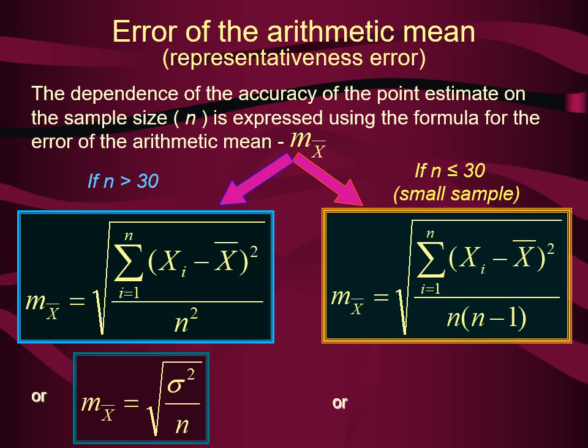The arithmetic mean error for large samples can also be calculated using the lower formula, which contains a parameter, the mean square deviation: sigma squared divided by the sample size. This is used if, for example, the standard deviation is known, or it can be found with the help of transformations.